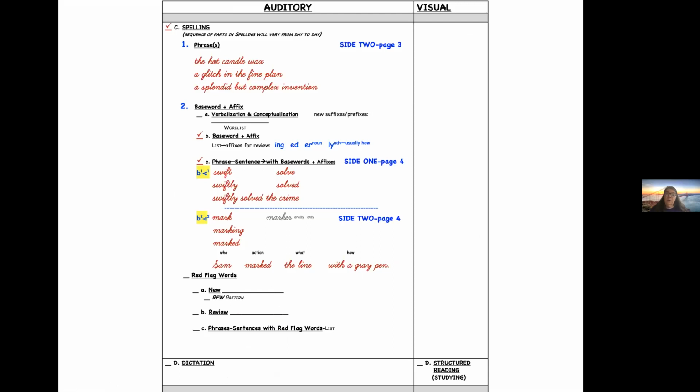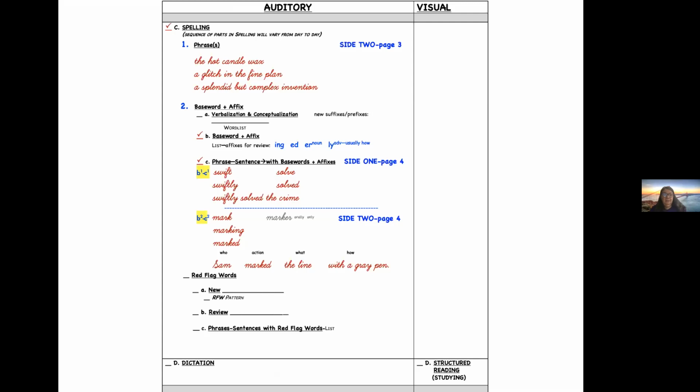And then there is one red flag word, but one that they almost certainly know. So I might say, well, why do you think we didn't encode hot ahead of time? Because that's one that I think they can do automatically. You might say, well, because it just has one consonant, and then one short vowel sound and another consonant.